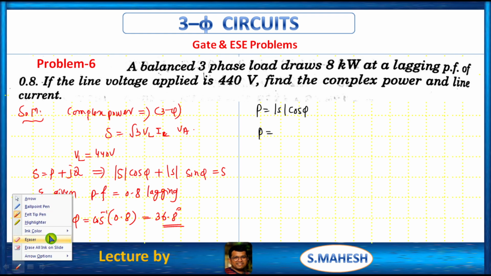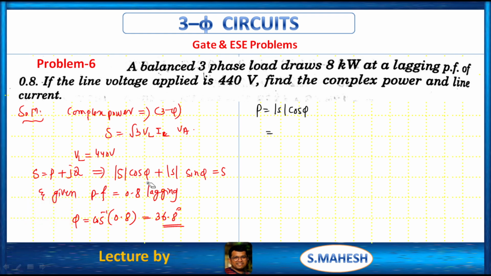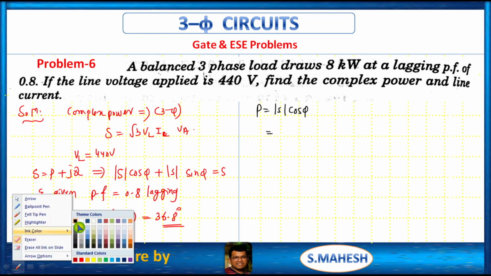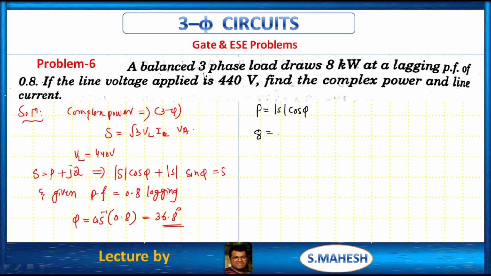So S cos phi is 8, with 0.8, therefore S is 10 at an angle 36.8 kilovolt-amperes. That's it.